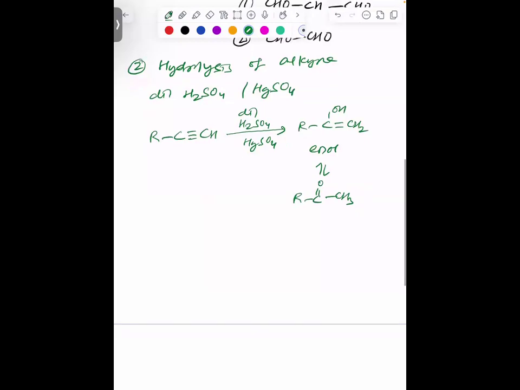We can also form aldehyde from acetylene only. Dilute H2SO4 in the presence of HgSO4. So write down the reaction. First it makes enol.